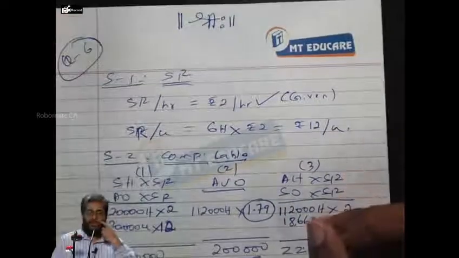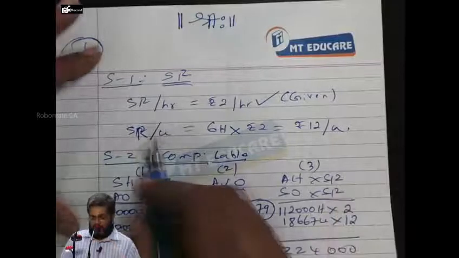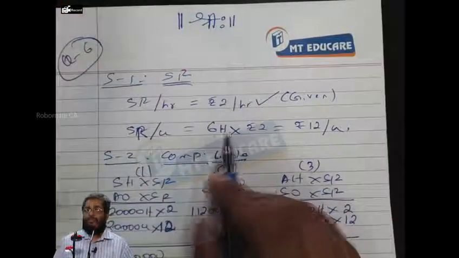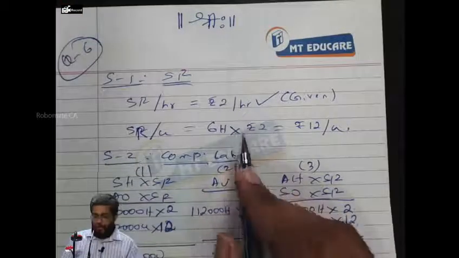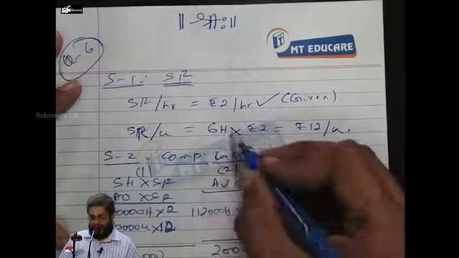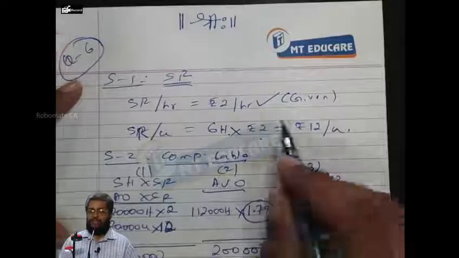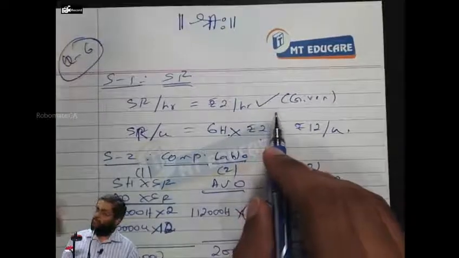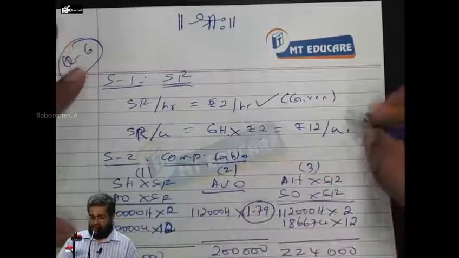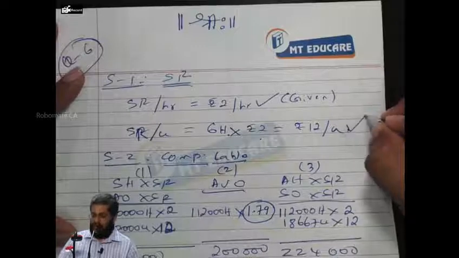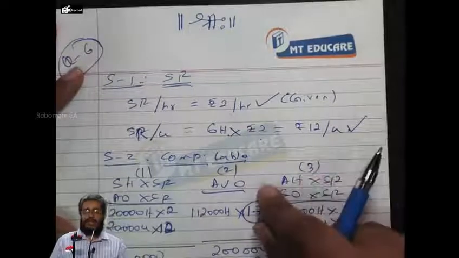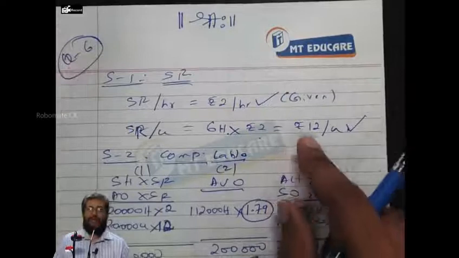SR per unit is equal to, 1 unit, how many hours? 6 hours. 1 hour, 2 rupees. SR per unit is equal to 6 hours into 2 rupees. What is SR per unit? 12 per unit.